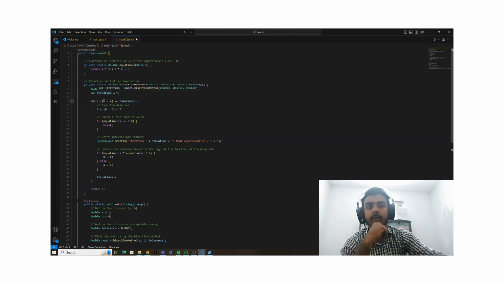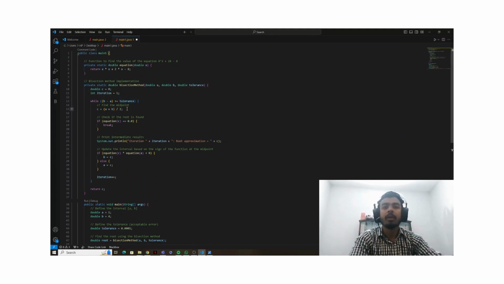We initialize c equal to 0 and iteration equal to 1. We put it in a while loop: b minus a greater than or equal to tolerance. Then we find our midpoint, a plus b divided by 2.